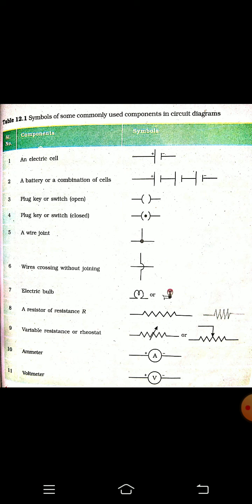This symbol you will use for drawing a voltmeter in an electric circuit. These symbols you need to remember properly for drawing electric circuit diagrams. So this is all about circuit diagrams and the components which we use for drawing circuit diagrams.